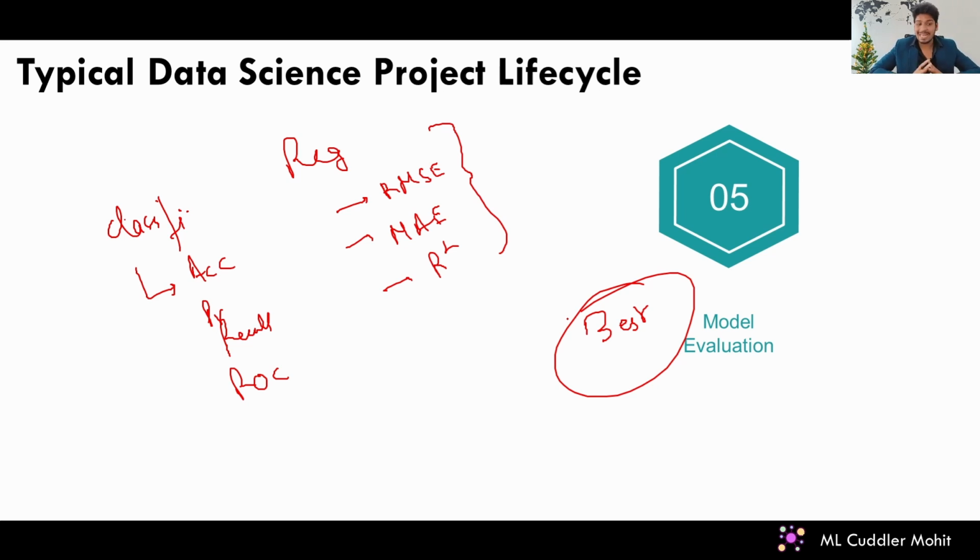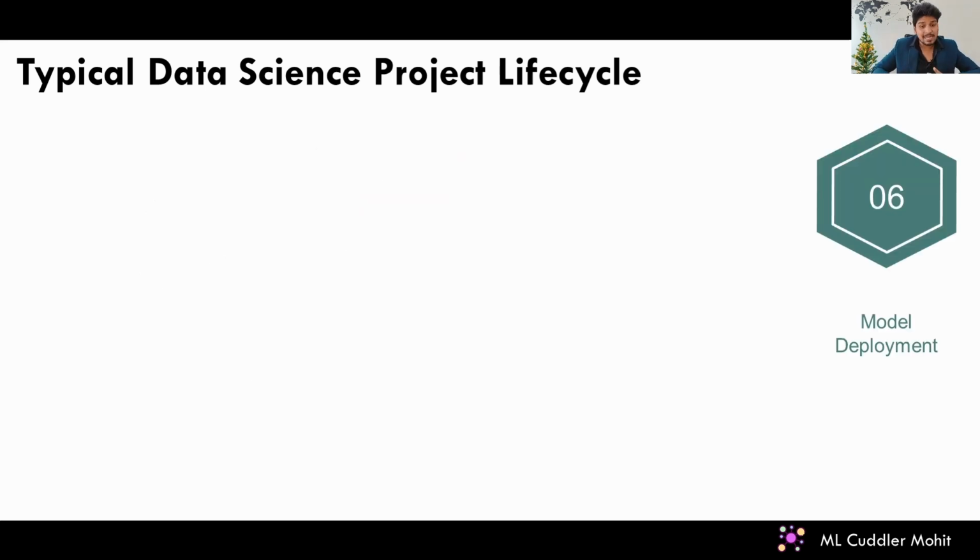Now the last step, once you have finalized your model, guys, is deployment, because the business person has to use it in some way. Let's say for the first example, where we were talking about customer default, you have built a model which is giving, let's say, accuracy of 95%, 99%.